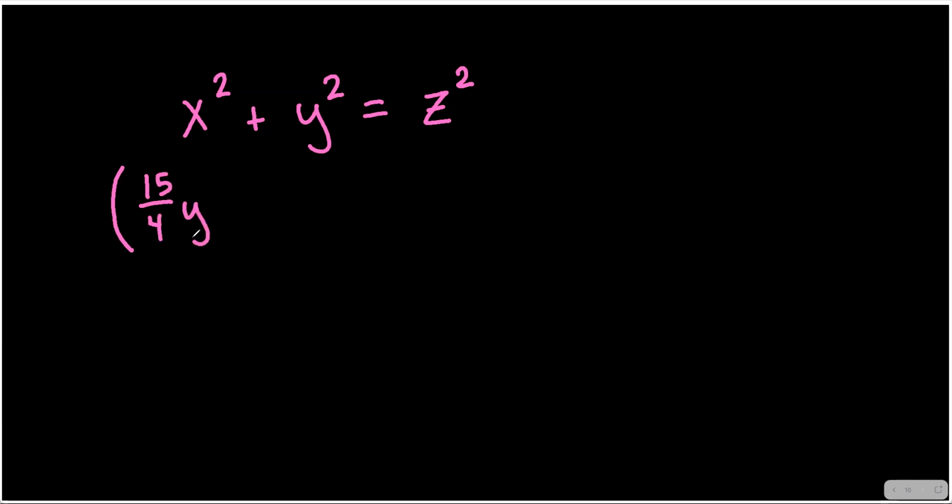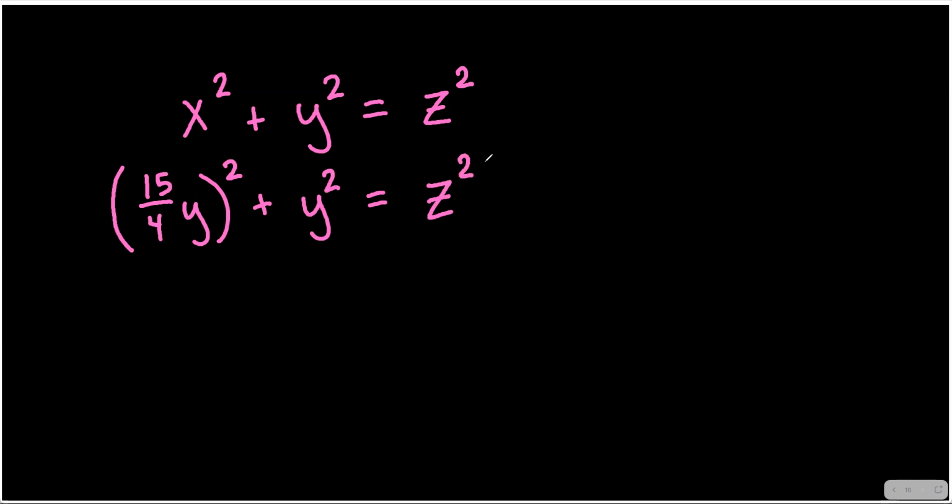So here's what I have. X squared plus y squared equals z squared. I'm going to now plug in what I know. So I've got x squared, which we just said was 15/4 y, squared, plus y squared, equals z squared.